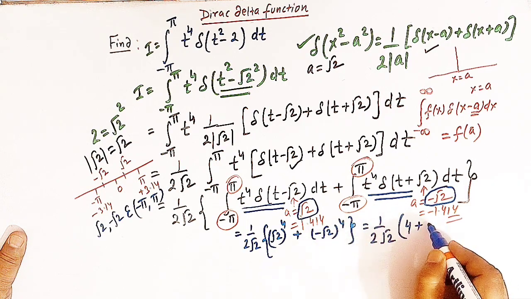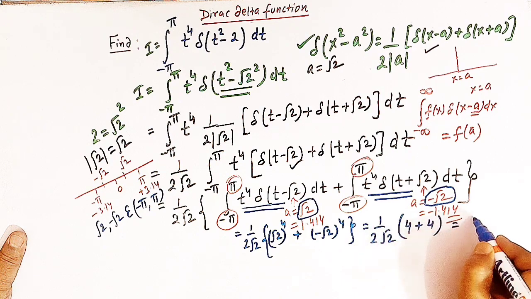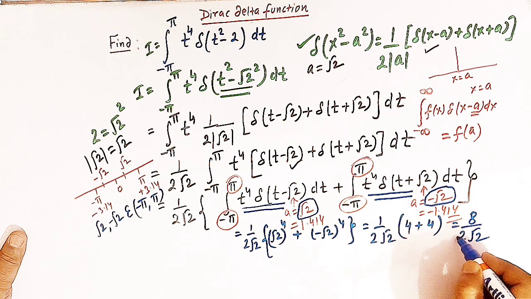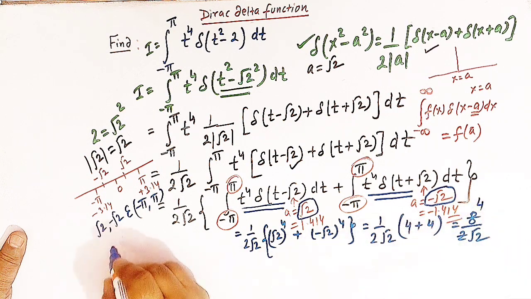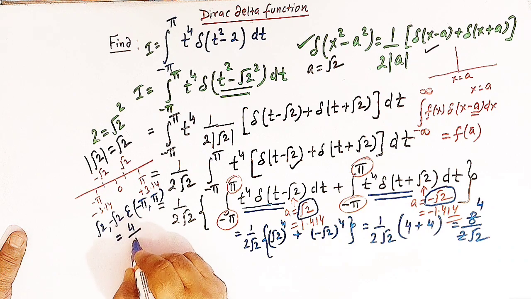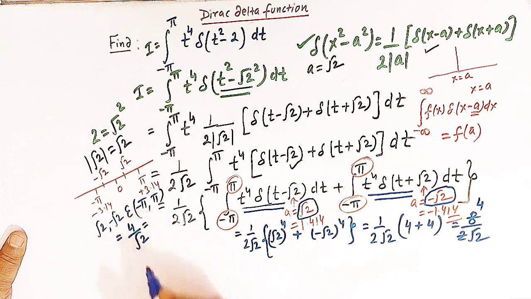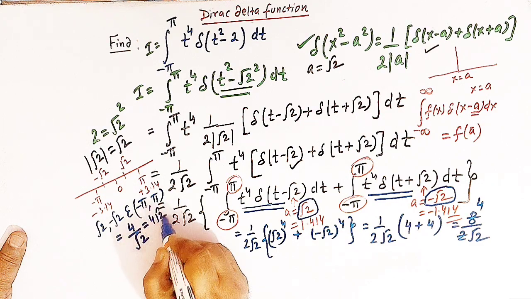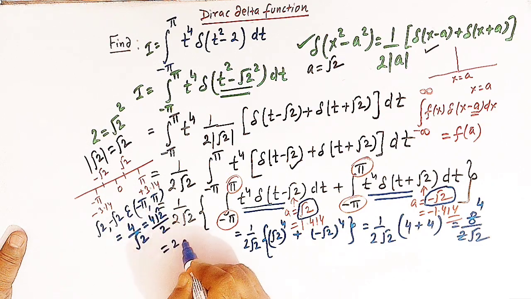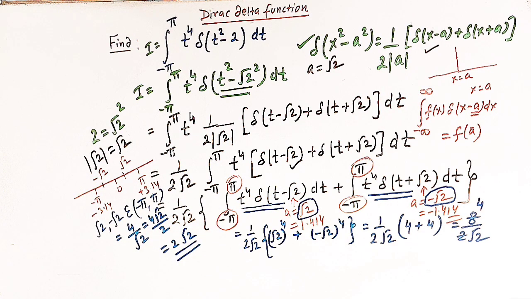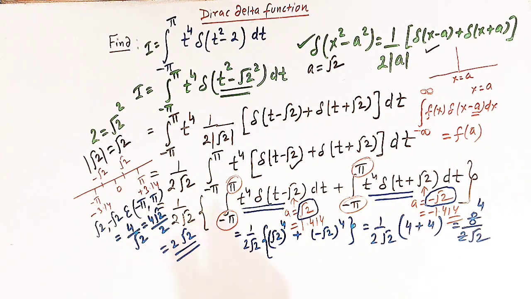And here also we have 4, so this is 8 over 2 times square root of 2. So this is 2 times 4, so we have 4 over square root of 2, and rationalizing the numerator and denominator, we have 4 root 2 over 2, so this is 2 times square root of 2, right? So viewers, the value of this integral is given by 2 times square root of 2.